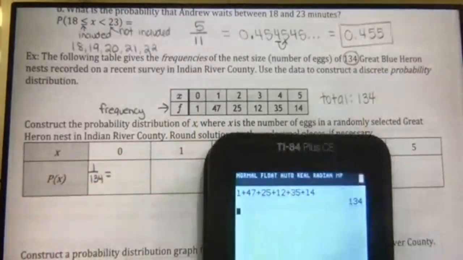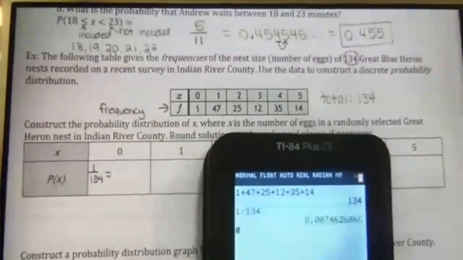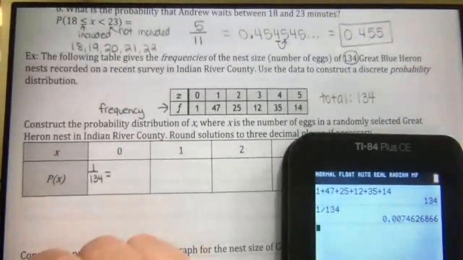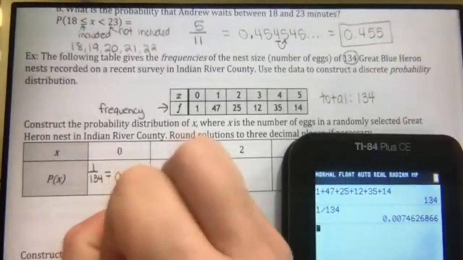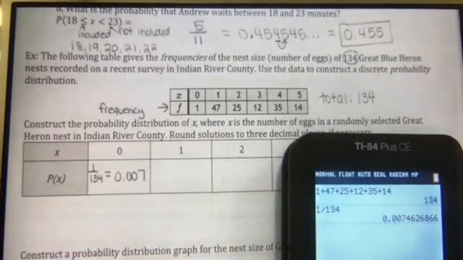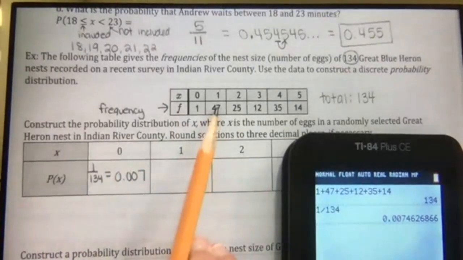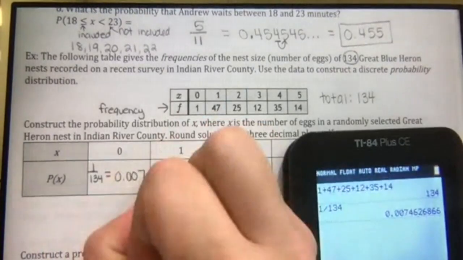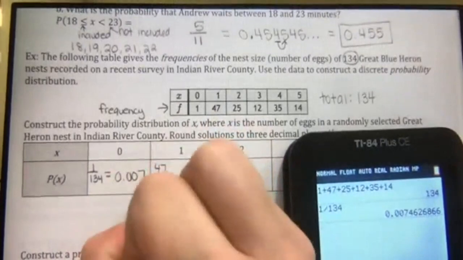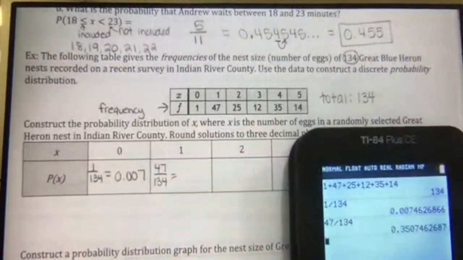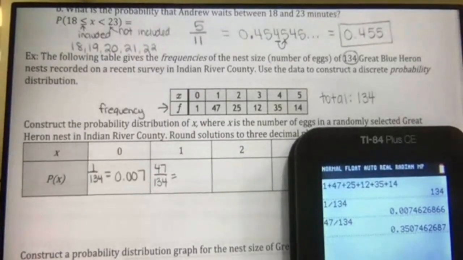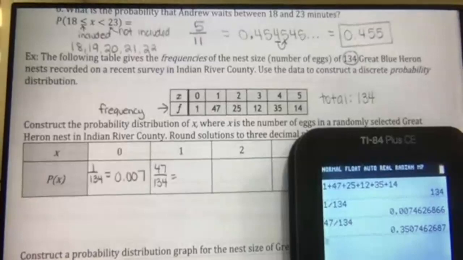So 1 out of 134 would give us 0.007, rounding to 3 decimal places. There's 47 nests with 1 egg. So 47 out of our total 134 would give us 0.3507, so that'll round up to 0.351.